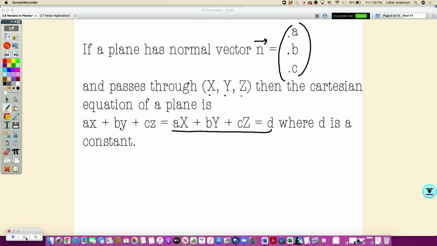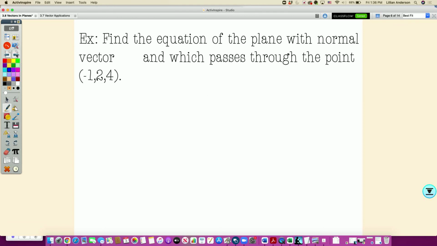So let's take a look at some examples of writing different equations, finding points, et cetera, that work with vectors in a plane. Okay? So here's the first question. It says to find the equation of the plane with a normal vector of 1, 2, 3, and which passes through the point -1, 2, and 4.